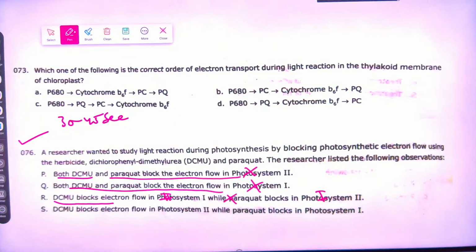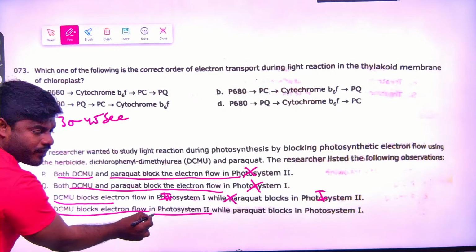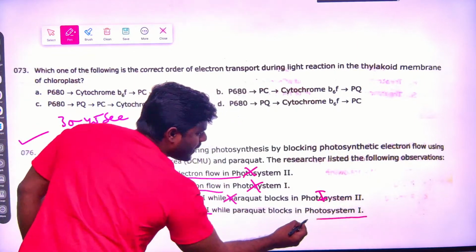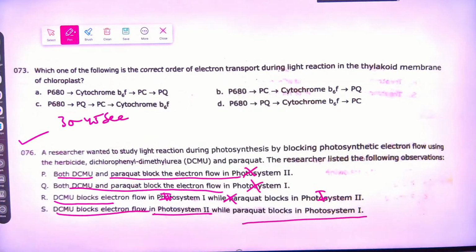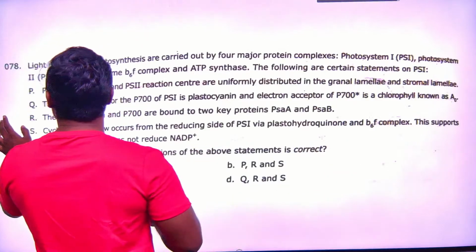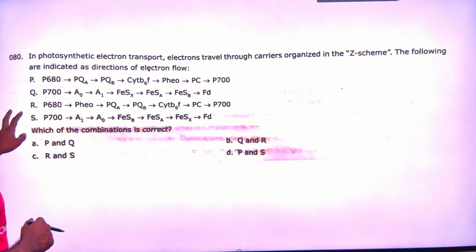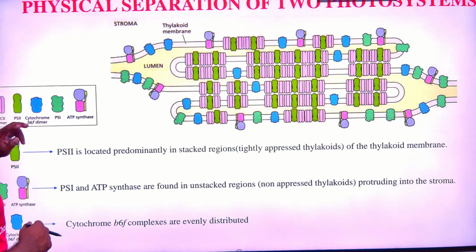So option 3 is also a wrong option. Then DCMU blocks the electron flow in photosystem 2, whereas paraquat blocks in photosystem 1. Hence the correct answer will be what? Option 4. Right. So that is the difference between the cyclic and non-cyclic photophosphorylation.